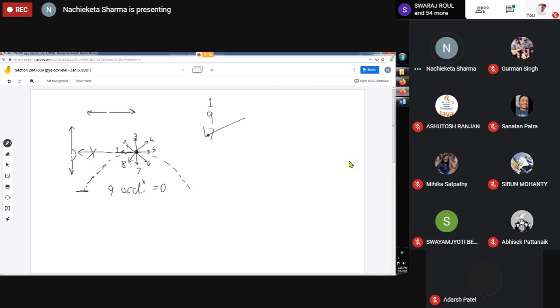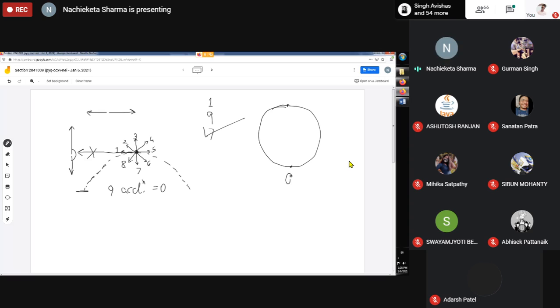Suppose that the particle in a non-uniform circular motion experiences 4 times the acceleration at the bottom of the loop as it does at the top of the loop. That means in a non-uniform vertical circular motion like this, at the bottom you have got an acceleration and you have got an acceleration here. Both are different.